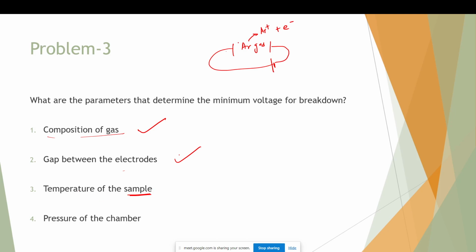It's just about the plasma. So this might not be the case. And pressure of the chamber, yes, of course. Pressure of the chamber will decide how many gas molecules are there in between the electrodes, and so it will decide the voltage required to ionize these gas molecules. So the correct answer is temperature of the sample. The plasma has nothing to do with the sample.